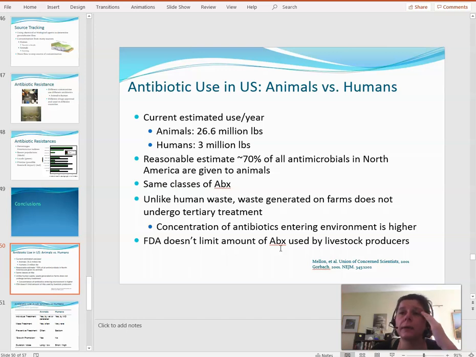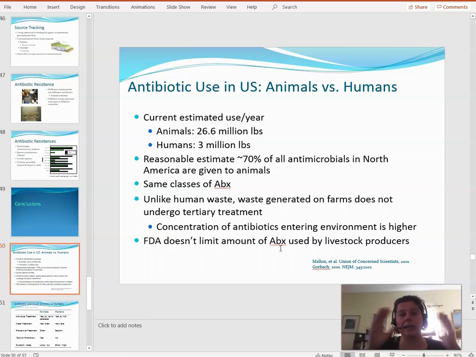Well, why isn't there an MCL? This doesn't cause a problem, we give people drugs all the time. So there isn't a maximum concentration you can find in the environment. It's not regulated because it doesn't cause a health effect. I mean, this is causing antibiotic resistance. We also do individual drugs or individual compounds.